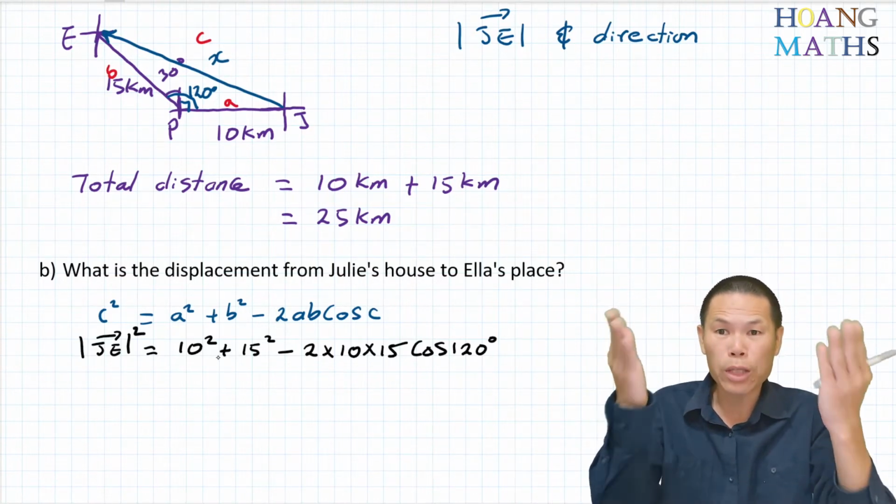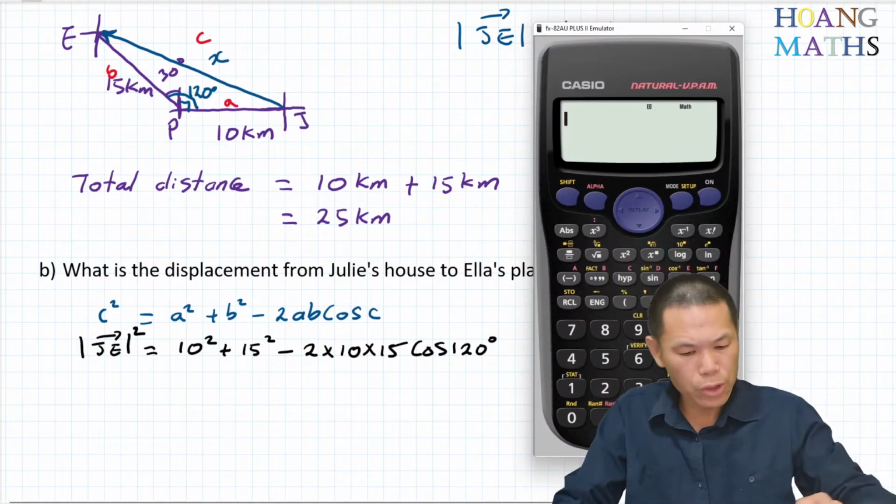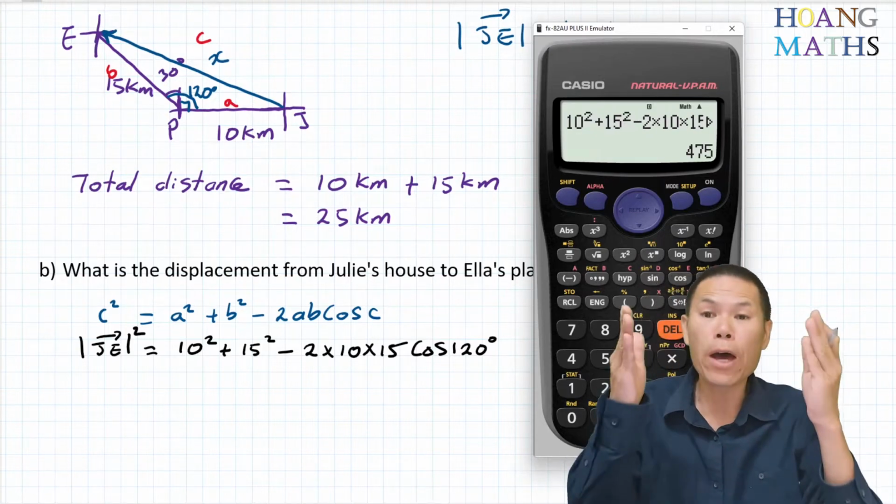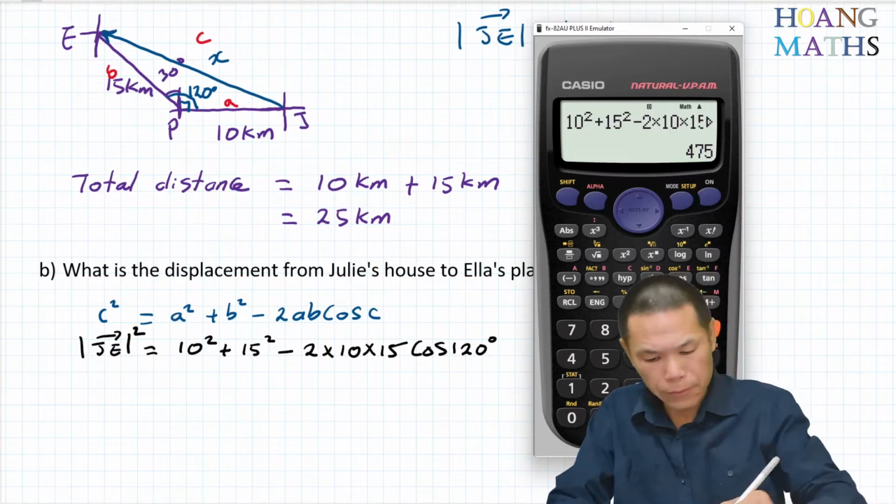Now I just put that on a calculator. So just go 10 squared plus 15 squared minus 2 times 10 times 15 cos of 120 degrees. So that is 475.